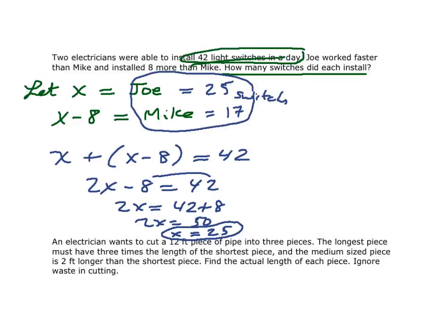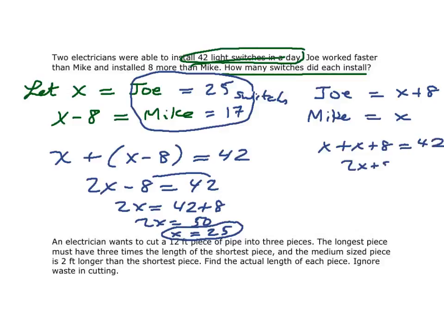Now I'm curious if anybody, when we were doing that question together, thought of a different way to set it up. You could very well have said for Mike, let Mike equal X, and Joe could have been 8 more, X plus 8. Would it have still worked? Sure. X plus X plus 8 equals 42 total. 2X plus 8 equals 42.